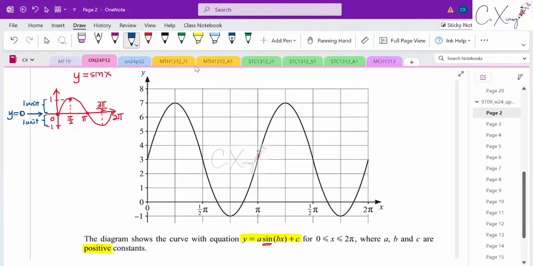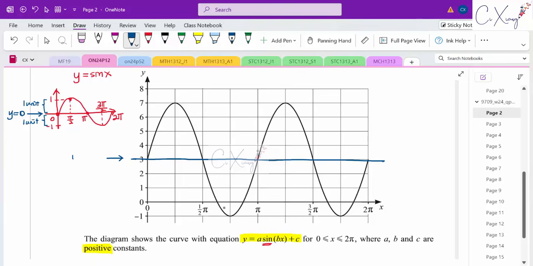If I look carefully, from the highest point to the lowest point there are 8 boxes in total: 1, 2, 3, 4, 5, 6, 7, 8. Therefore, the center line should be somewhere here. This is what I call the center line.